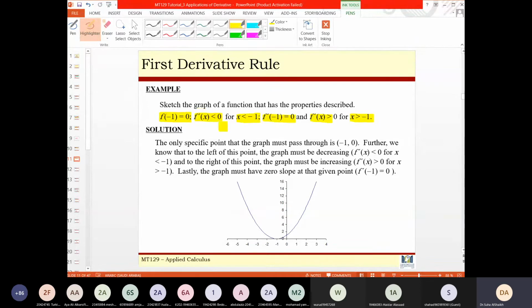Those are the information that they give to me. They want me to sketch the graph. They want me to imagine how it looks.